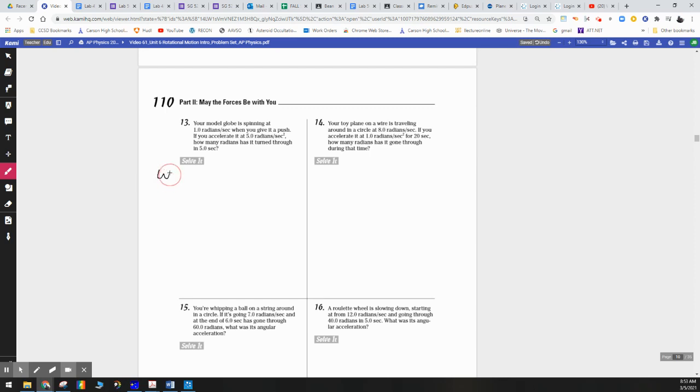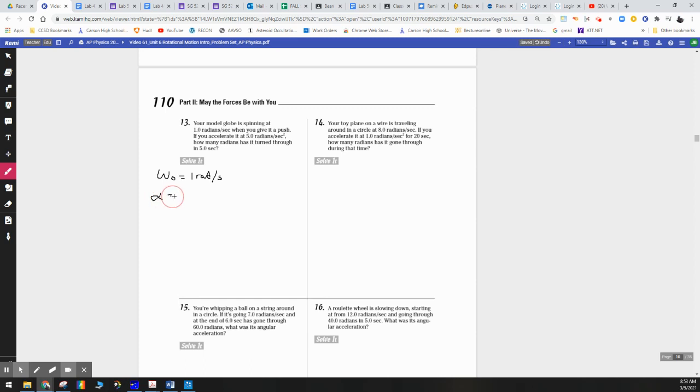So that's our initial angular speed, 1 radian per second. You give it a push, and it accelerates, so this is going to be alpha.